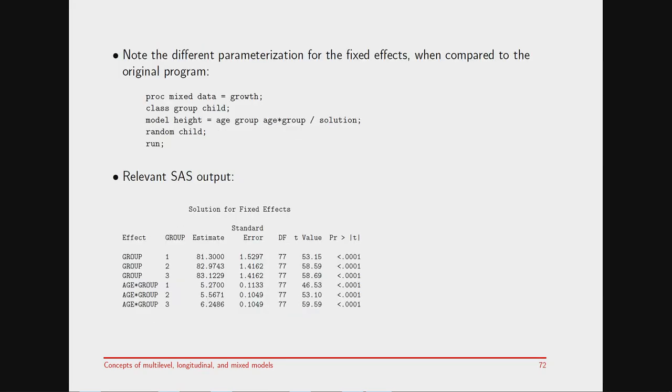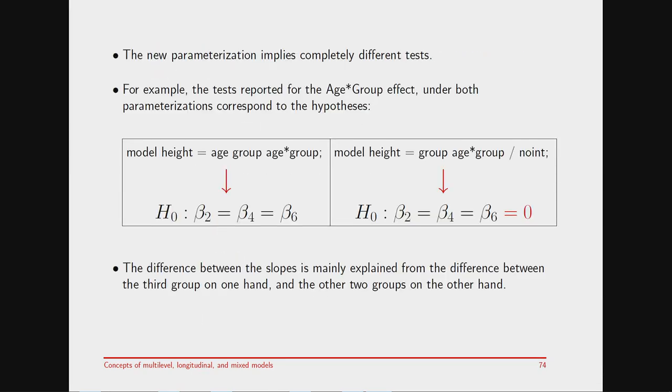So the big difference now is that if you use the original parameterization, the null hypothesis that you're testing is whether beta 2, beta 4, and beta 6 are all the same, while if you use the new parameterization, the null hypothesis that you're testing is whether beta 2, beta 4, and beta 6 are all equal to 0.